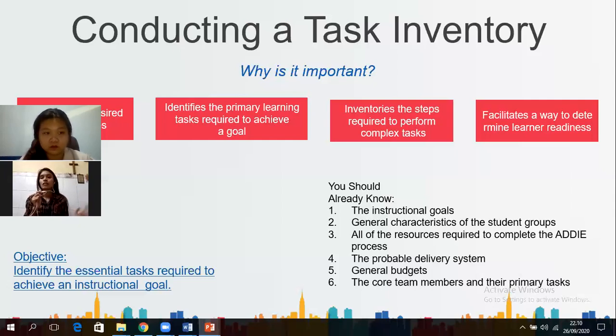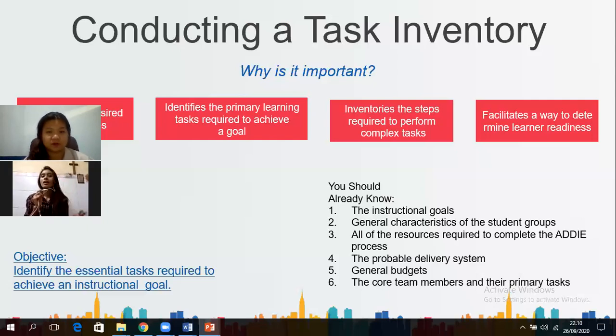For conducting a task inventory, what we should already know is the instructional goals, like what goals we want the students to achieve. And the second one is the general characteristics of the student groups. We need to know the characteristics of the students, maybe the students don't really talk much in class, rather passive instead of active students.